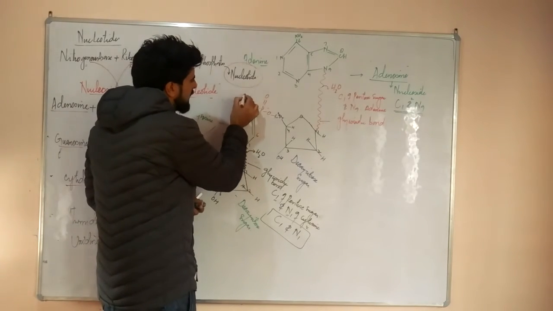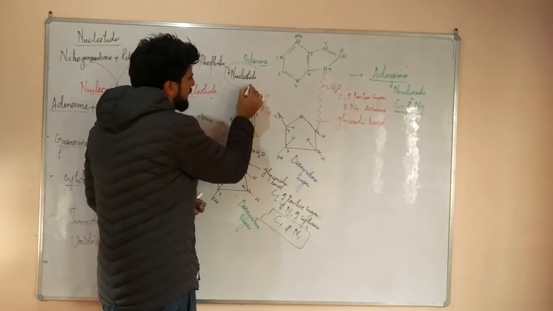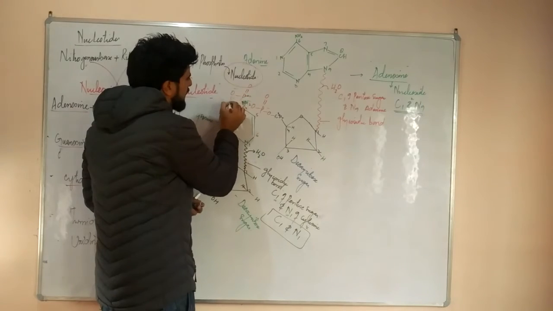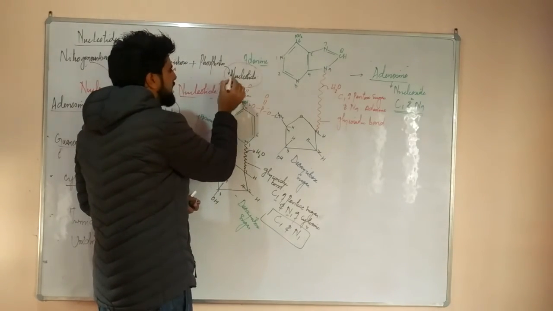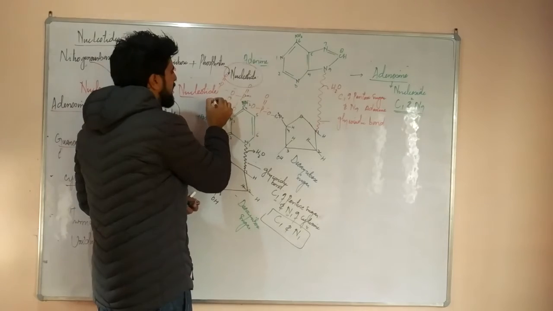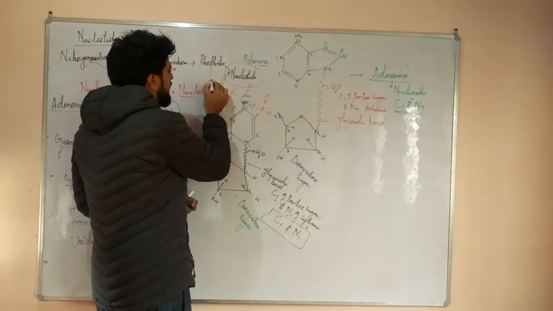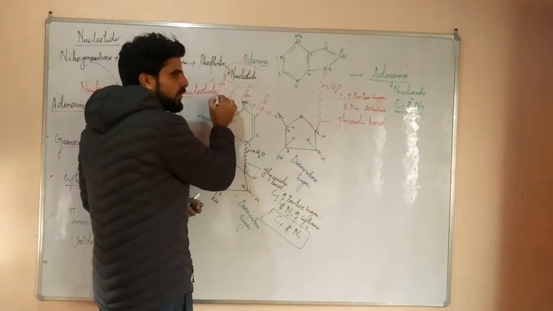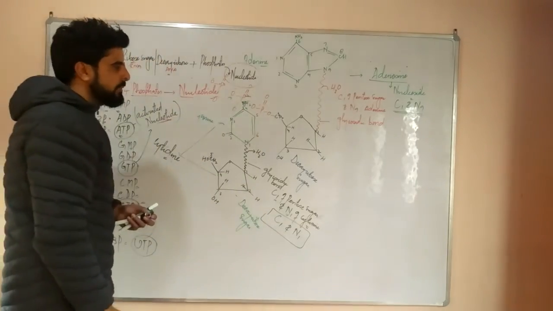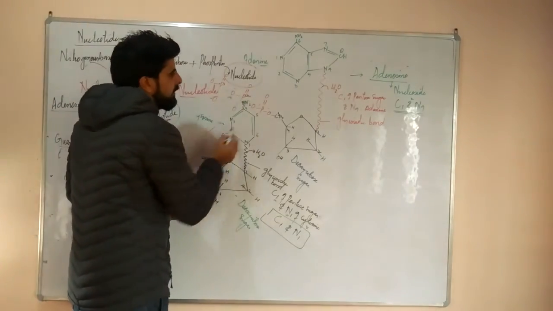If two phosphates are added here, then we can call it adenosine diphosphate. If we have three phosphates added here, then it is known as adenosine triphosphate. So this is 1 phosphate, 2 phosphate, 3 phosphate. If 3 phosphates are added to each other, it makes the adenosine triphosphate.